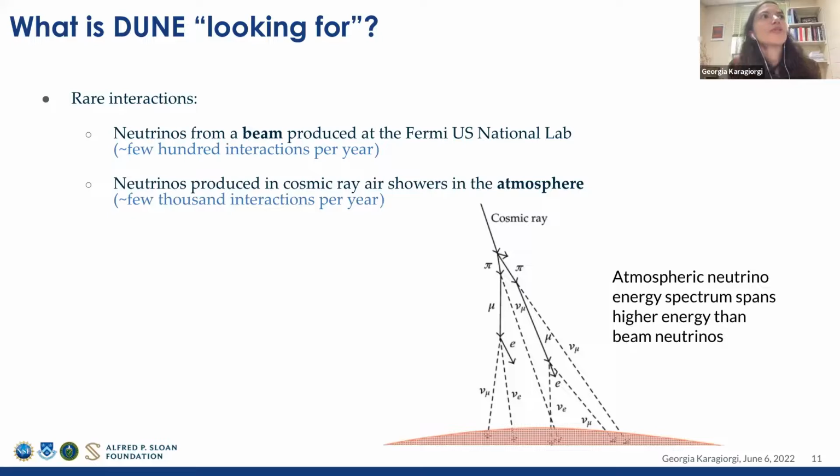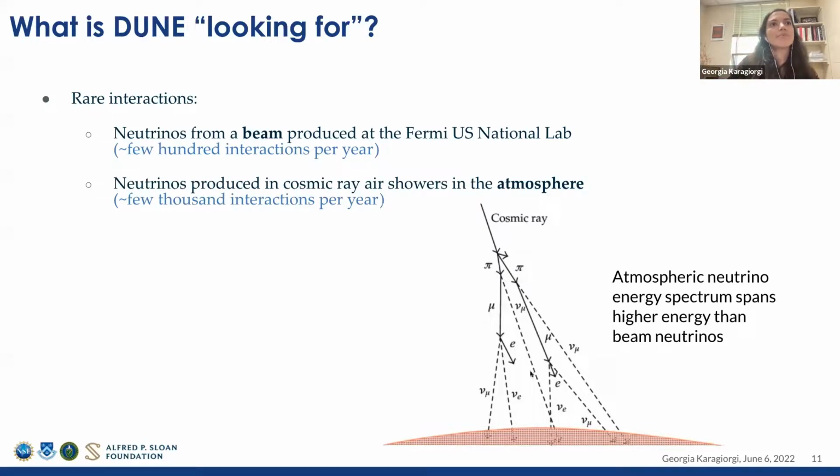In addition to neutrinos from the world's highest intensity beam, which will lead to just a few hundred neutrino interactions in the DUNE far detector per year, DUNE will also be able to measure neutrinos that are produced constantly in cosmic ray air showers in the atmosphere. So these are cosmic rays from outer space hitting nuclei at the upper levels of the atmosphere, and then producing a cascade of other particles which decay, producing neutrinos.